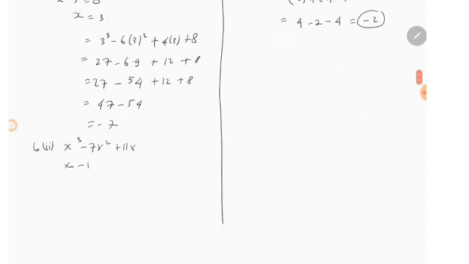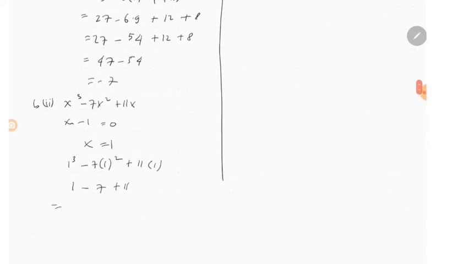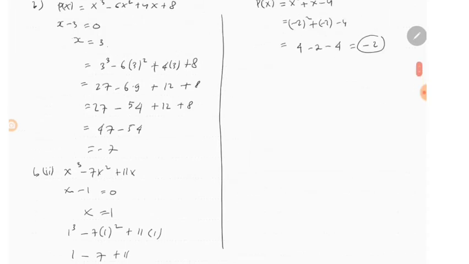So p(x) equals that, and then you do this first: x minus 1 equals 0, then you have x equals 1. After that, you substitute here. So 1 cubed minus 7 times 1 squared plus 11 times 1. So you have 1 minus 7 plus 11. So 1 minus 7 is negative 6. Negative 6 plus 11 is 5. So our remainder for (b)(ii) is 5.